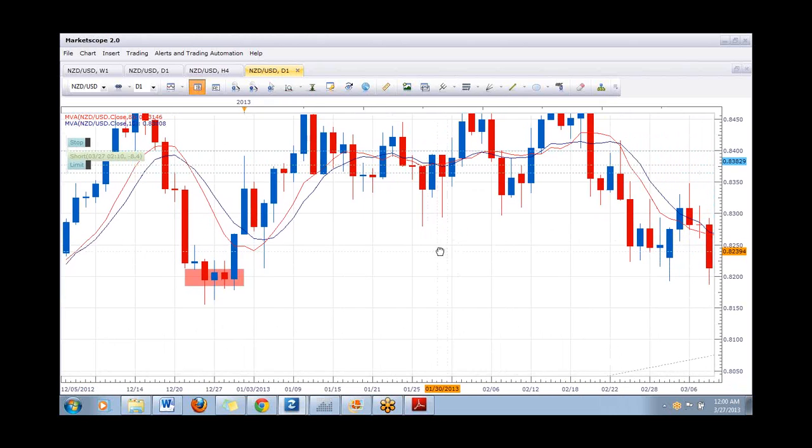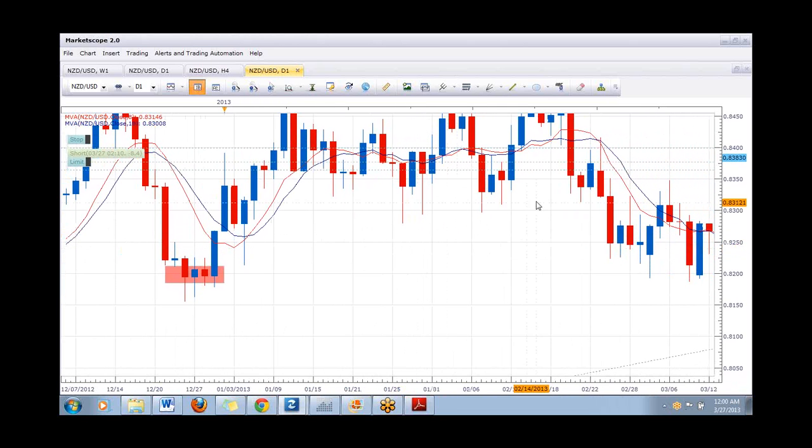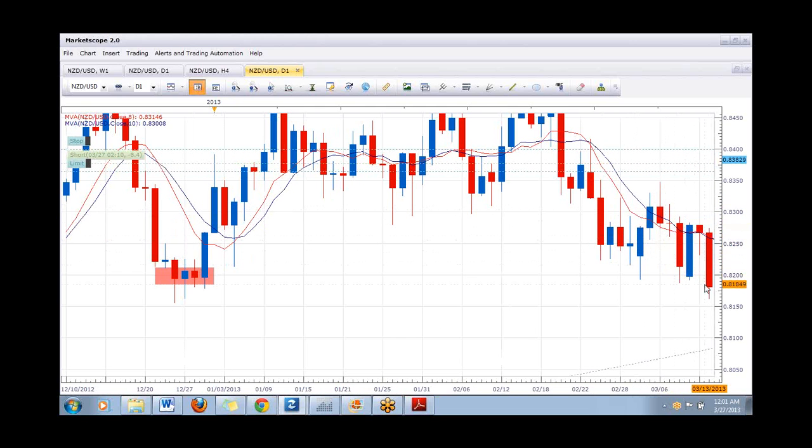And when it crosses above the 8 or 10, here it tried to cross but it failed, and it tried again and failed once more. So it's still within the downward trend. In order for a trend to be confirmed by the moving average, it should take at least about 2 days to confirm.